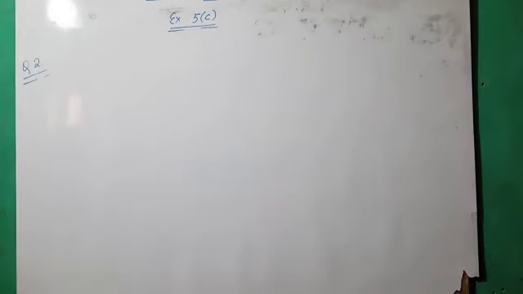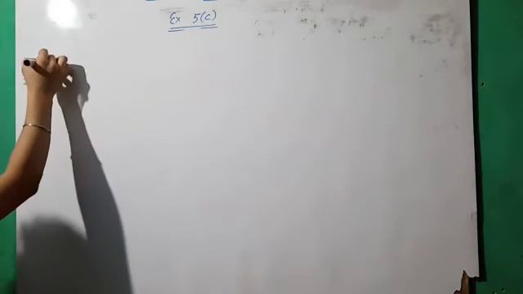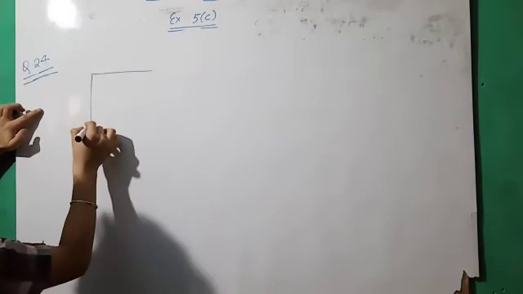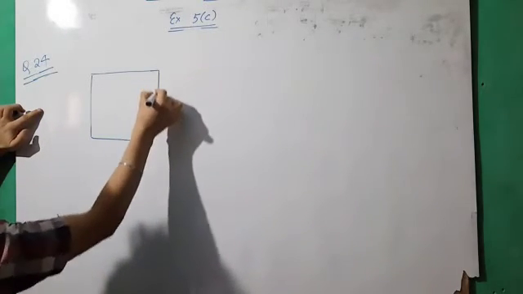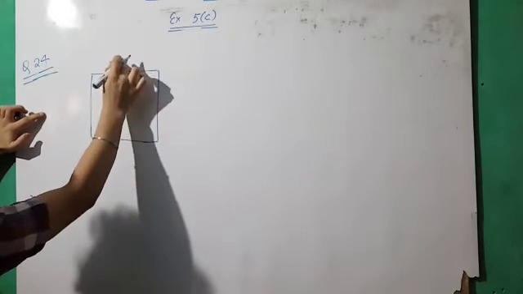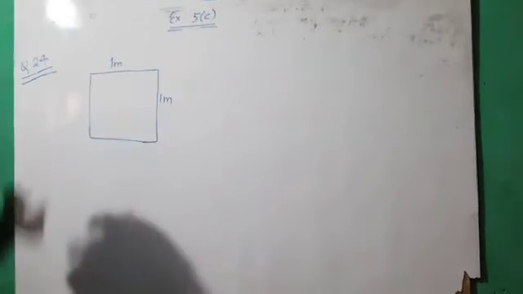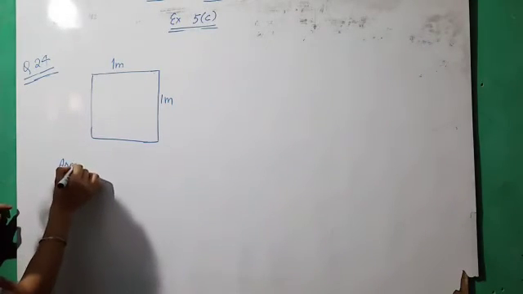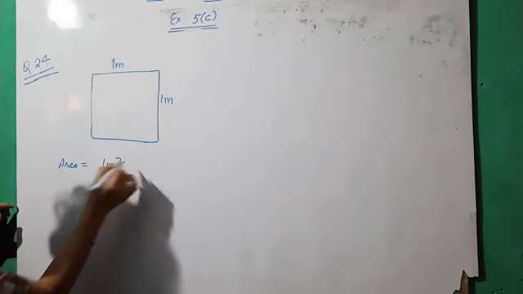Question number 24, important concept-wise. We have a square meter. Square meter means 1 meter into 1 meter, a square of side 1 meter by 1 meter. The area of this square is 1 meter square.